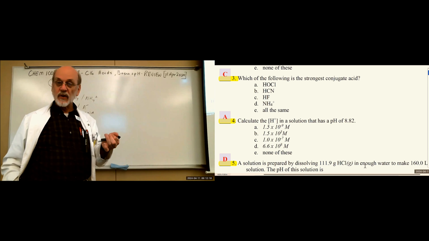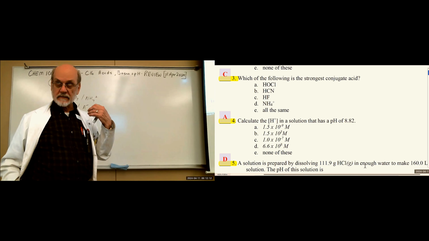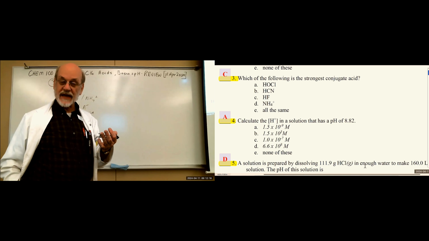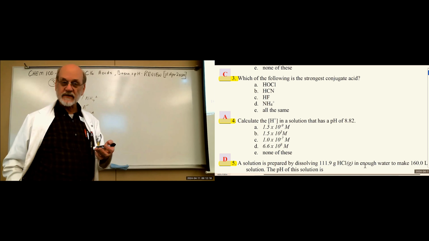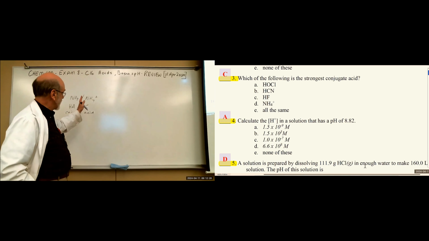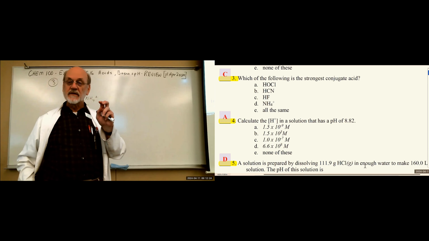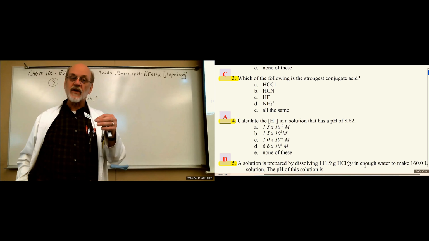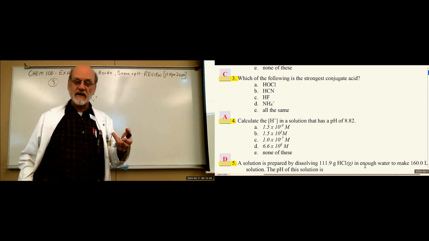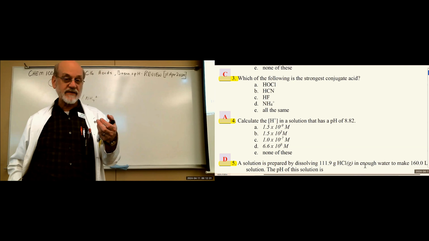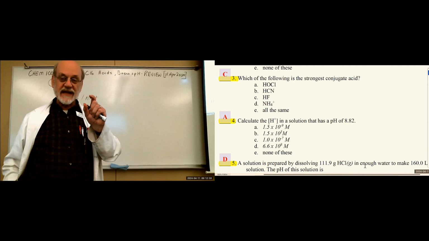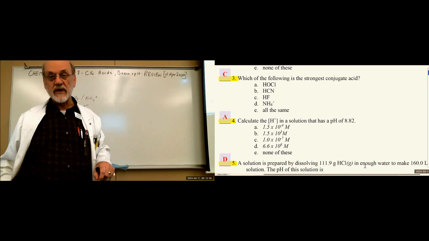HOCl, hypochlorous acid, HCN, hydrocyanic acid, HF, hydrofluoric acid. Those are all acid reactants, right? Their conjugate bases would be OCl minus, CN minus, and F minus, and they would not produce a conjugate acid. The only one that is a conjugate acid is ammonium ion.